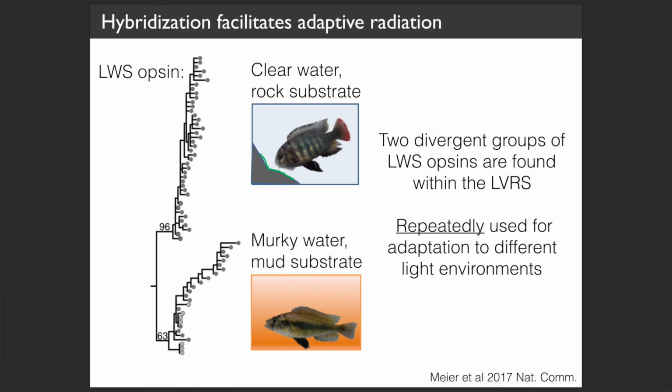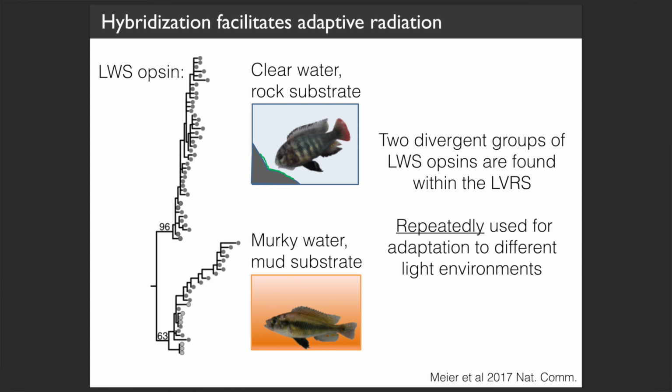LWS opsin is long wavelength sensitive opsin. So this gene is involved in visual acuity in different light environments, where one variant of the gene, so this is the gene's diversity in cichlids from the Lake Victoria region superflock. And we find in some species a version of the gene which gives visual acuity in clear water over rocky substrates.